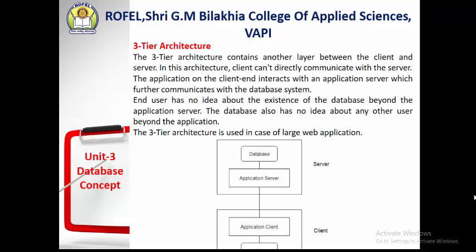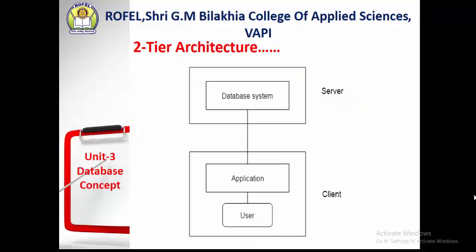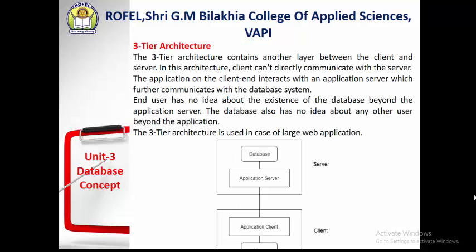Now in three-tier architecture. Three-tier architecture contains one more layer between client and server. In three-tier architecture, the client cannot directly communicate with the server. In the two-tier architecture, see over here, the client can directly connect with the server through the application, but in the three-tier architecture, the client can't communicate directly with the server.